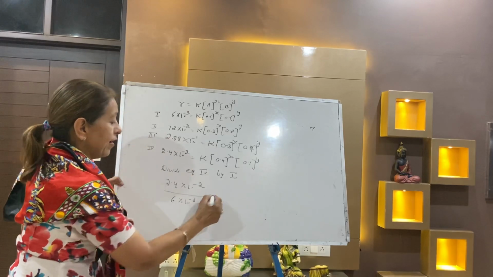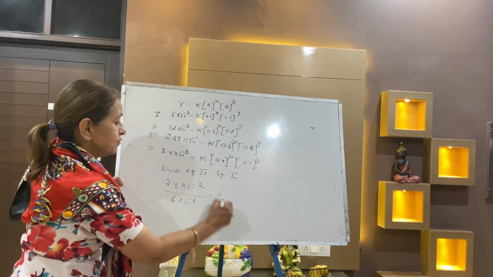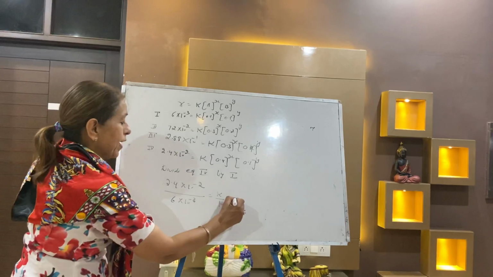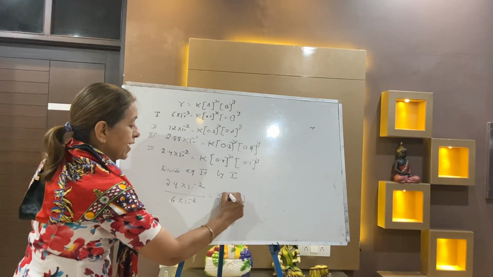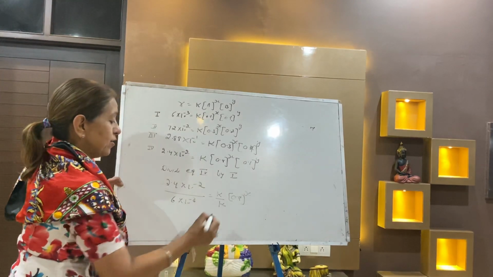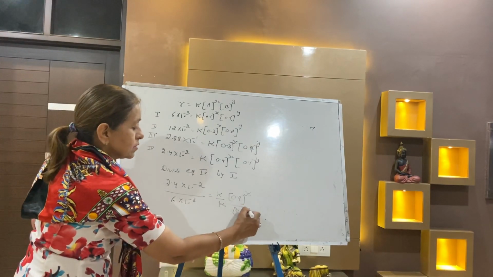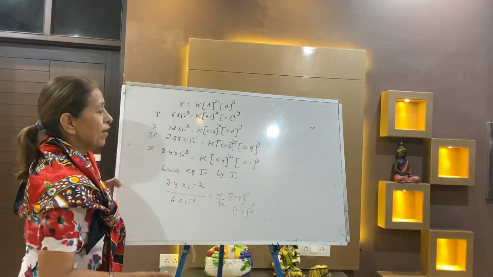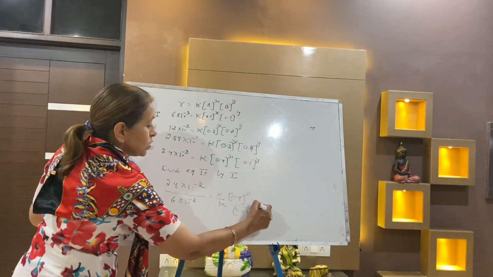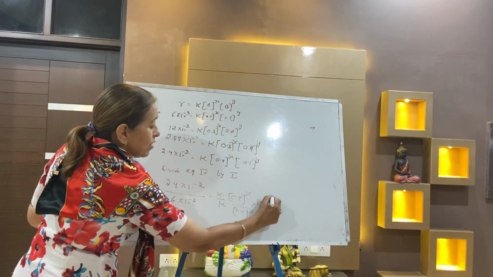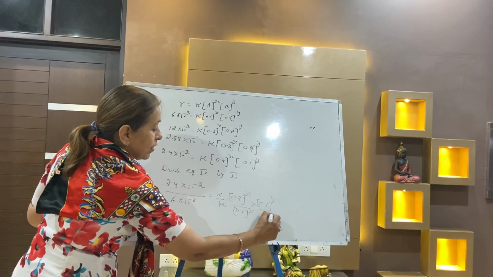K divided by K, 0.4 power X divided by 0.1 power X, and Y cancels because on both sides it is 0.1 power Y.